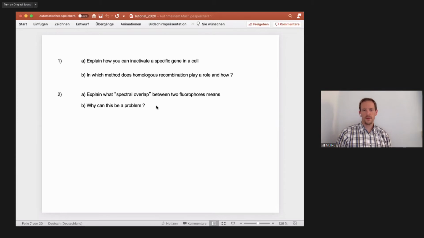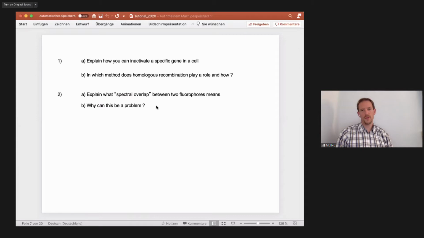It's very simple. If you use multiple fluorescences, or you detect at least multiple fluorescences, you can have the problem that, depending on your detectors, in one channel you can detect, or in two channels you can detect one fluorescence because it's a very broad band, but that's easy to compensate for.